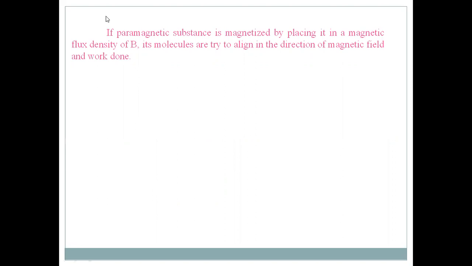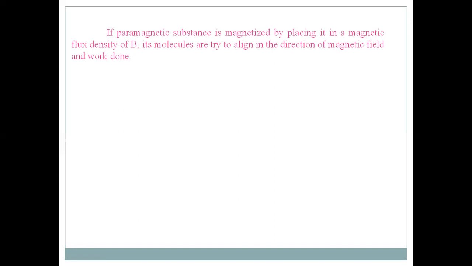We know a paramagnetic material is magnetized by placing it in a magnetic field whose magnetic induction is B, and its molecules align in the direction of the magnetic field. Of course, external work is done.